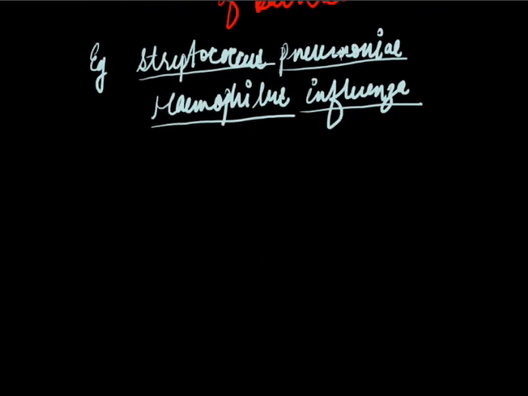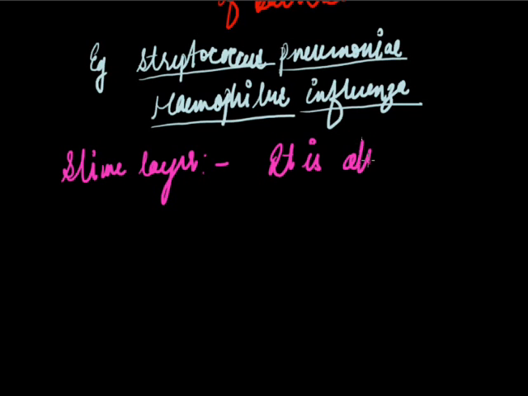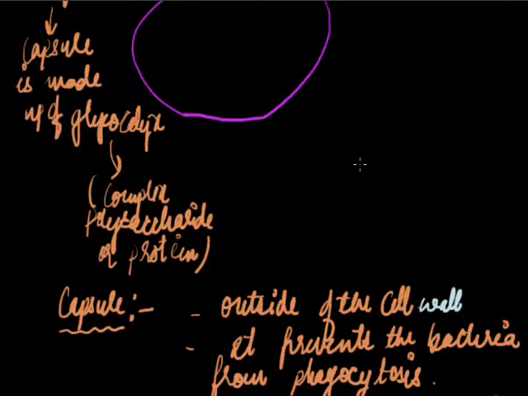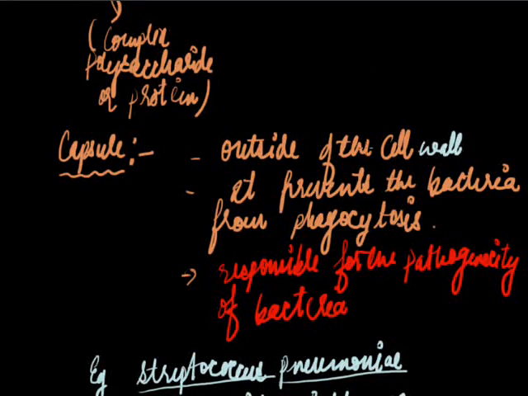Now the second layer, one more layer is there, that is the slime layer. It is also made up of glycocalyx. As we have studied, the capsule is a tightly bounded layer around the cell wall.